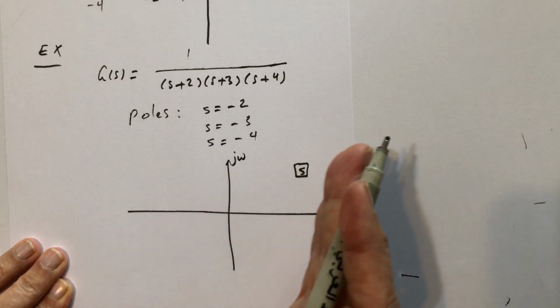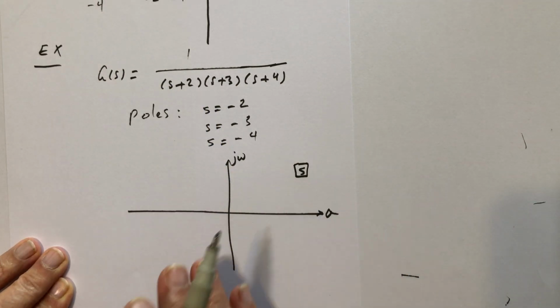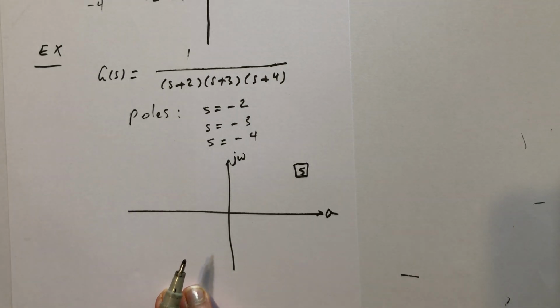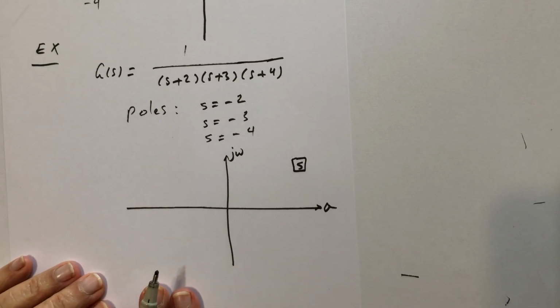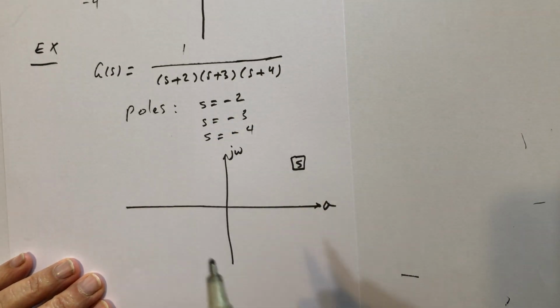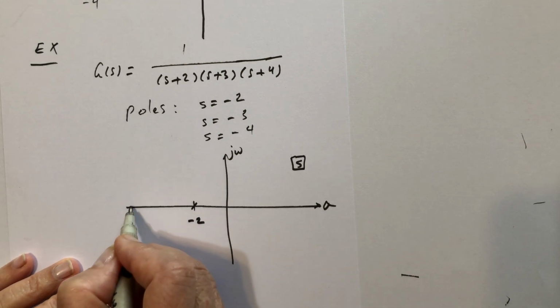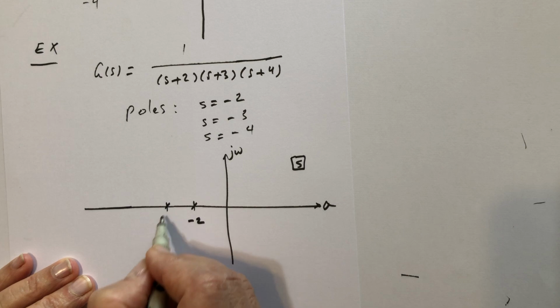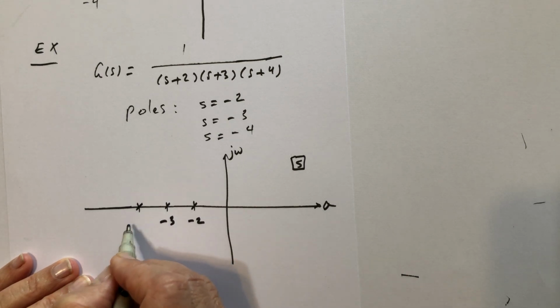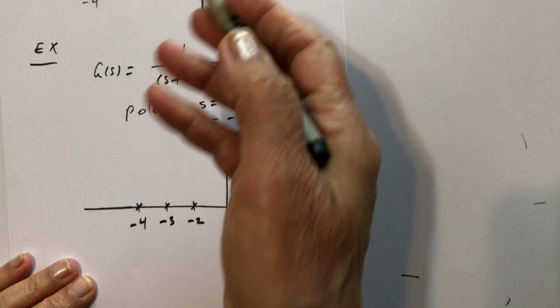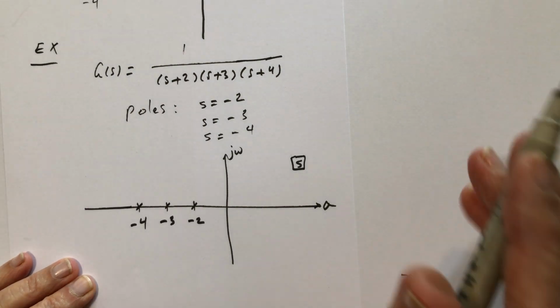It has a right hand side and a left hand side of the S plane, and all these have a meaning. We'll come across this meaning later in the chapters. So for this system, we have minus 2, minus 3, minus 4. That's what we call the pole-zero representation of a system.